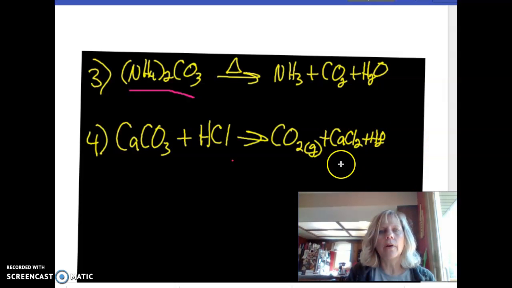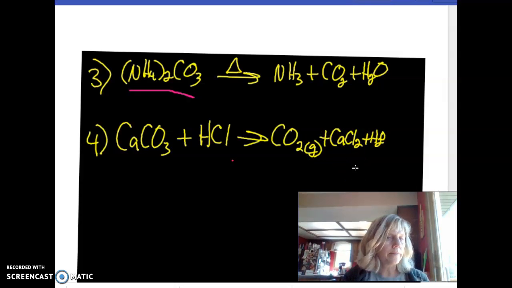And then the other part that's unaccounted for, the calcium and this chloride ion, those two combine to make calcium chloride. I don't think you would necessarily be able to predict those. I think that would be a little bit difficult. So that's number 3 and 4.